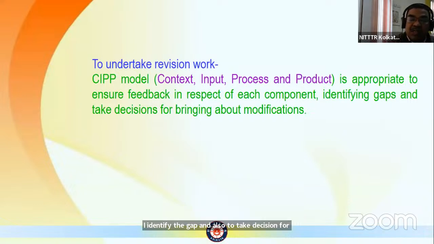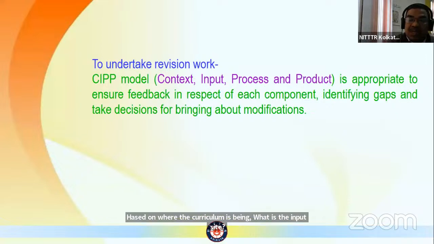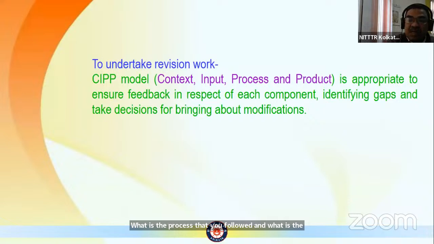What is the context based on which the curriculum is being revised? What is the input side? What is the process that you followed, and what is the ultimate result? So for each component you try to collect feedback and accordingly try to improve, and finally go on developing the curriculum. That is called the CIPP model: context, input, process, and product.